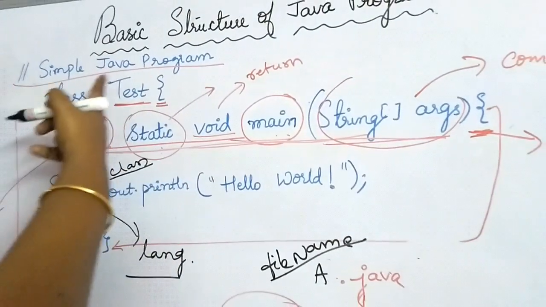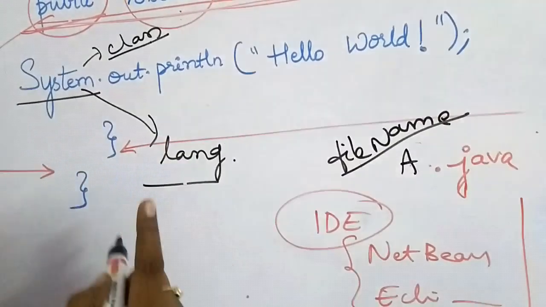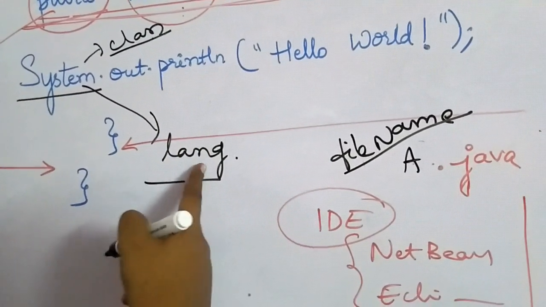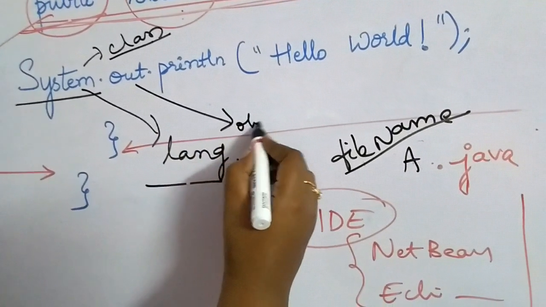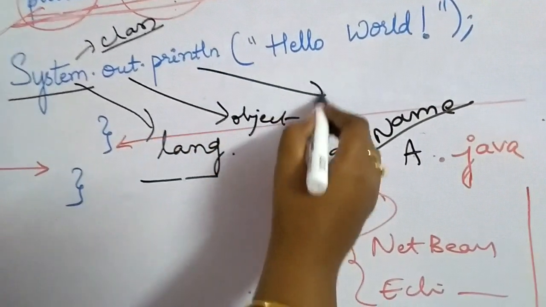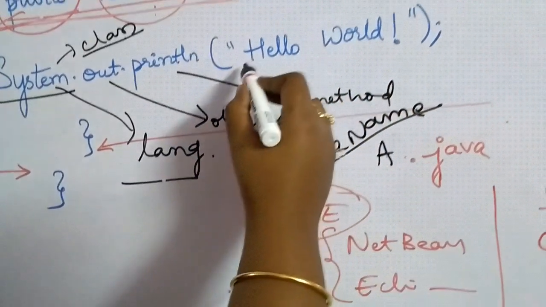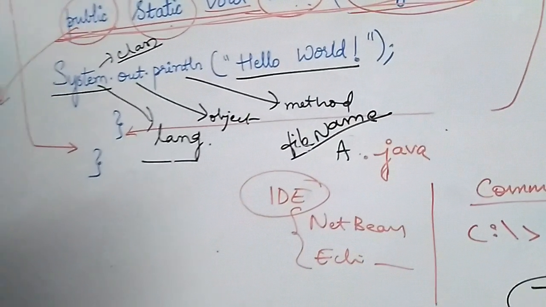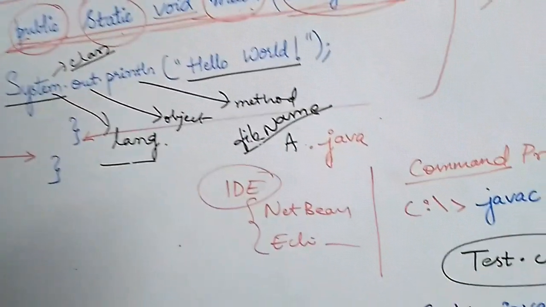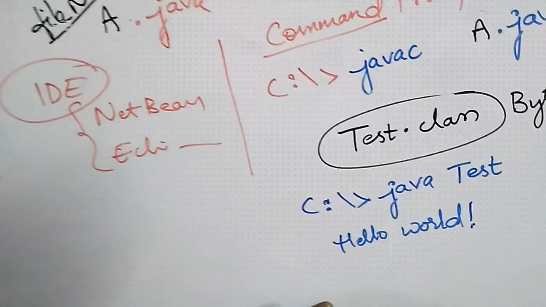I didn't import anything because by default the lang package is included in any Java program. Out is the object name, and then println is the predefined method. This method will take an argument and print it in string format. So I have given hello world, and when I execute it, I'll be getting hello world.